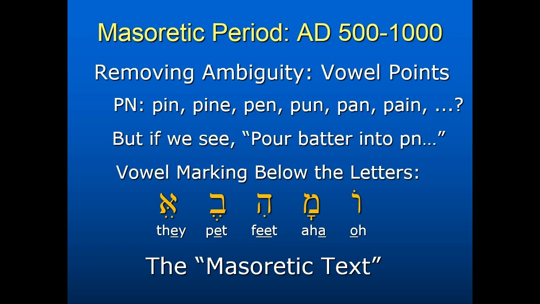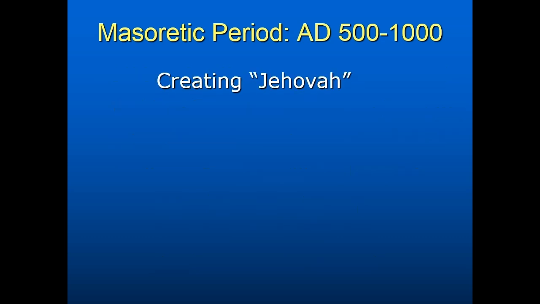Oh yes, the introduction of vowel points had one very curious unintended effect. It created the word Jehovah. As most of us know, the sacred name of God, as Jews understand it, is Yahweh. It's spelled with these 4 letters, the so-called Tetragrammaton, and observant Jews have always been concerned not to misuse that name. One of the 10 Commandments pronounces guilt on anyone who takes the name in vain.